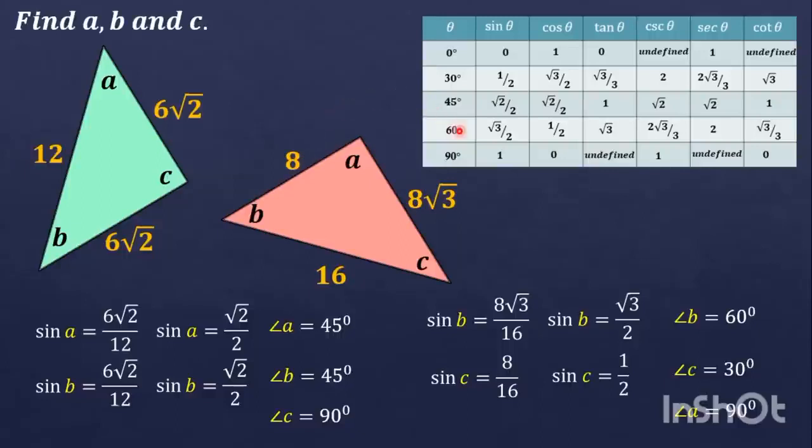Tingin ka po sa table. Pag sine square root of 3 over 2, ang angle is 60 degrees. And then, yung nakuha natin na cosine na 1/2, dito ka sa cosine. Cosine 1/2 is also 60 degrees. So, pareho lang din po yun. Okay? So, you can make use of sine, cosine, tangent, cosecant, secant. Kung saan po kayo mas nadadalian. Yun po ang gamitin.